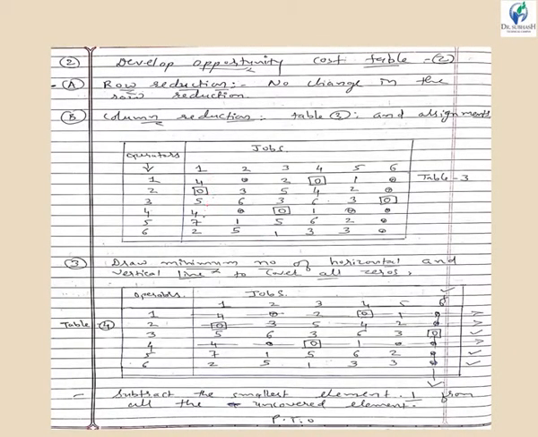Similarly, the other column values will also change because we need to identify the smallest element in each. So this is table 3 that is obtained after the column reduction.